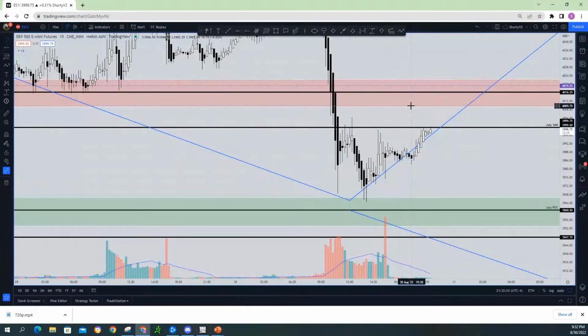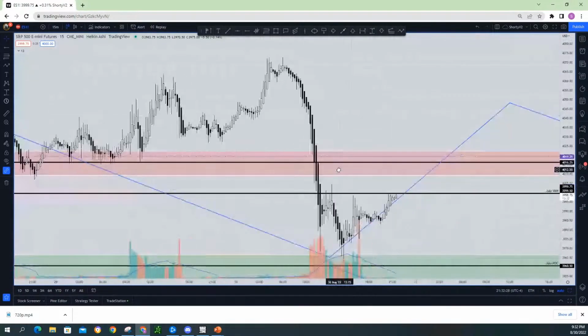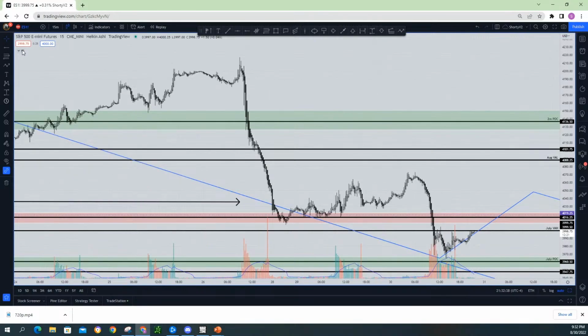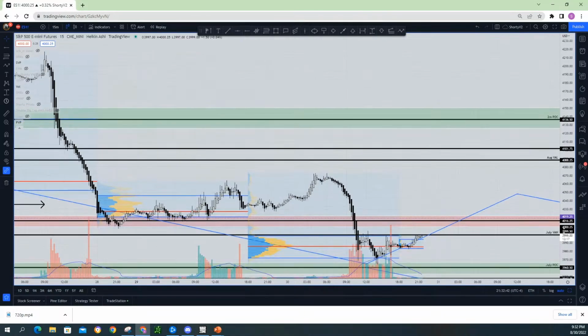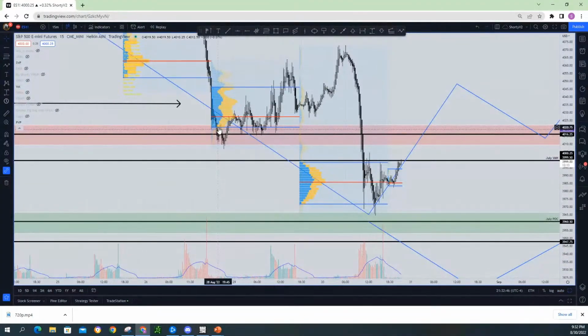I would say the most important level for tomorrow for you to go long is what? August value area low. Well, you have the daily session profile. You can enable that. So if you look at it here, here's the value area low from the day before.